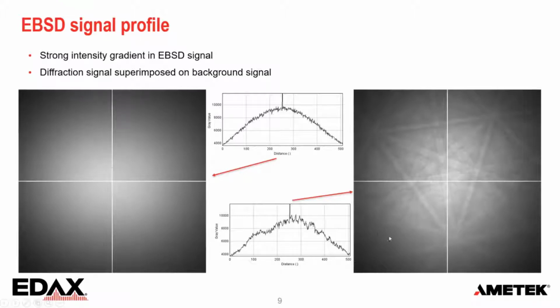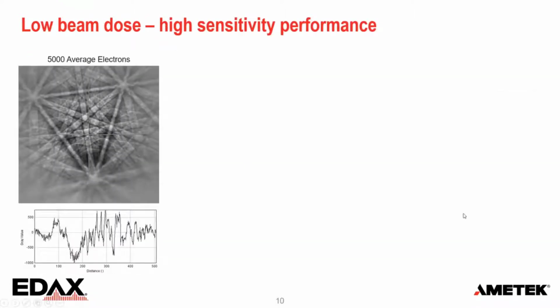So that's why we have to do this background processing, removing this curve underneath and only get those spikes that illustrate the bands. When you do that, the profile gets flattened and we just exaggerate the intensity of the diffracted signal so we can see all the details in the diffraction pattern.